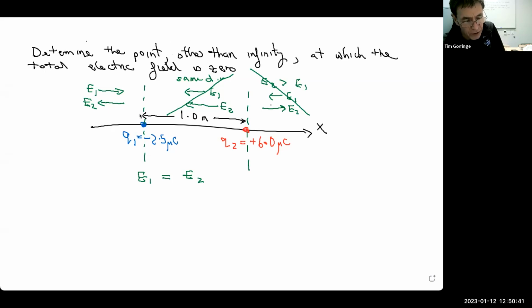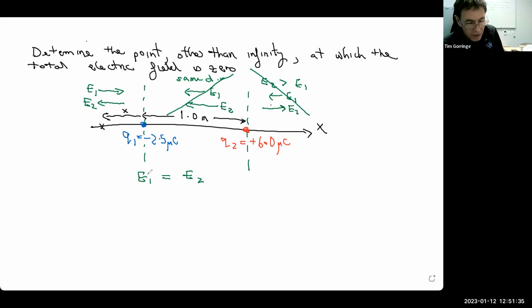Let me draw it on the sketch. This is the distance x from Q1 to the location of what I call the field point, where the two fields are equal and opposite. It's at a distance x from Q1. That means it's actually at a distance x plus 1 meter from Q2.